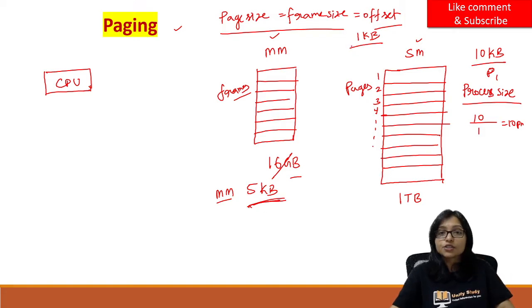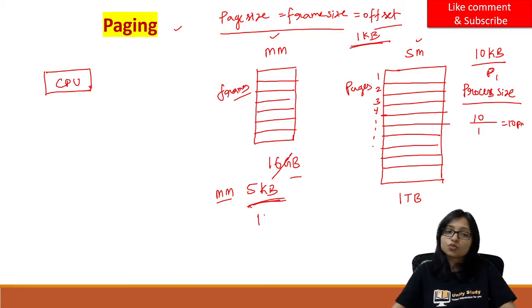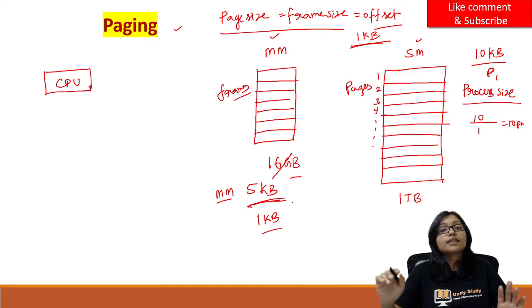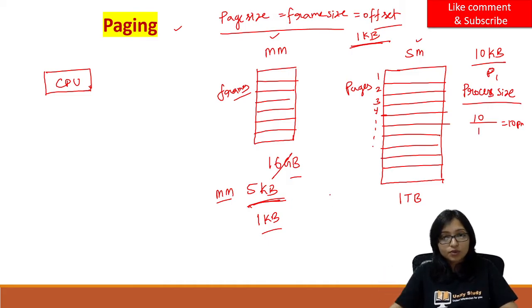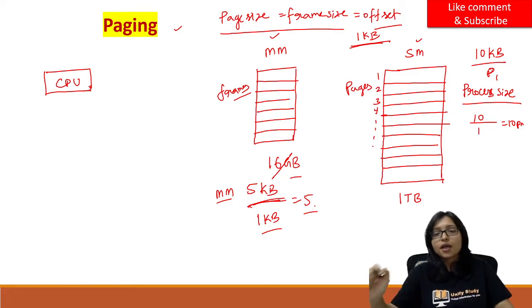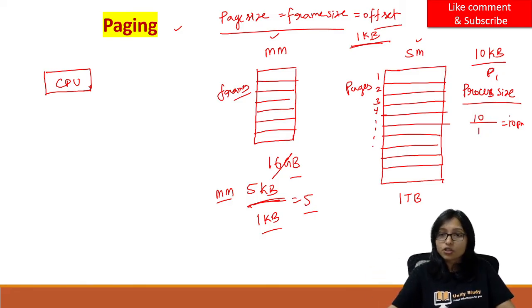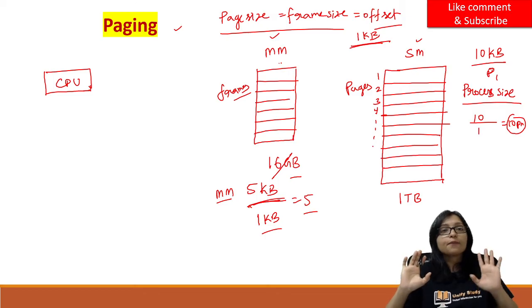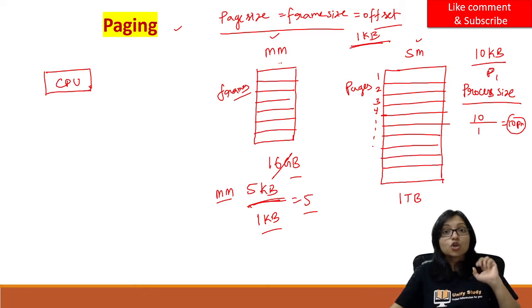The size of each frame is 1 KB, so in the main memory there are 5 frames. Now I want to execute the process, but the problem is that the process has a total of 10 pages, while in main memory I can allocate only 5 frames. So at a time I cannot allocate everything.